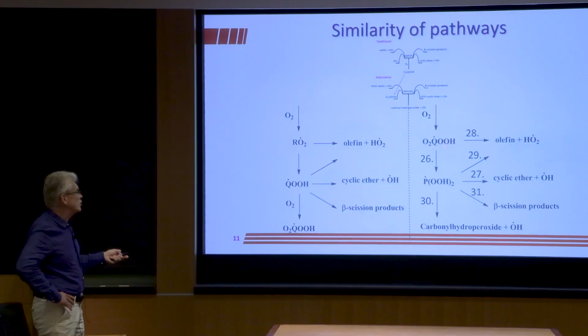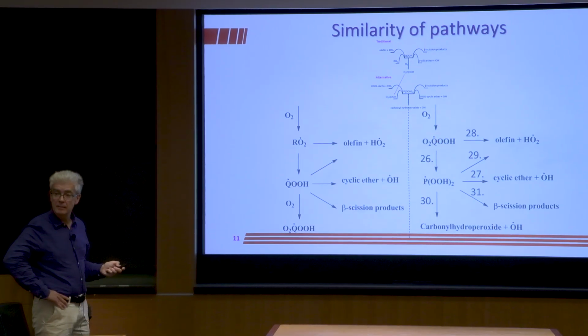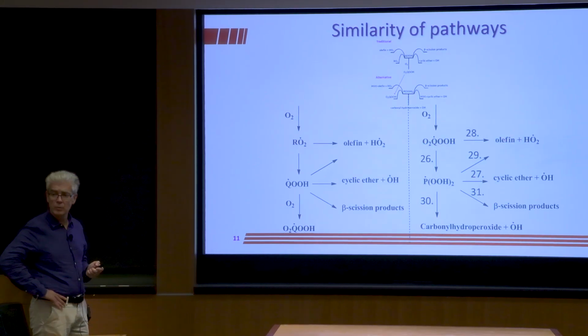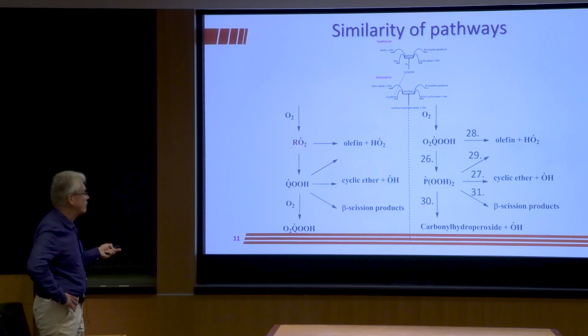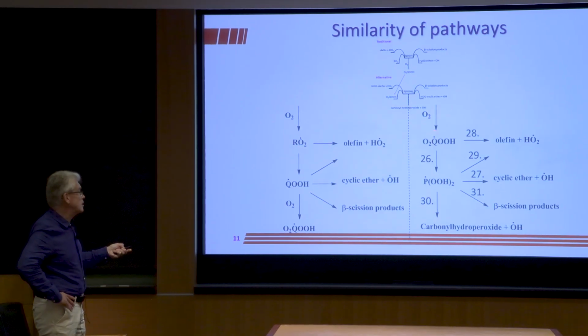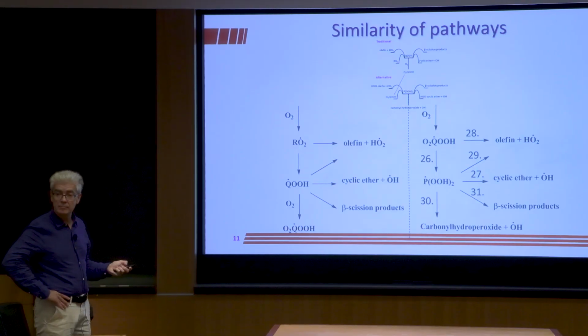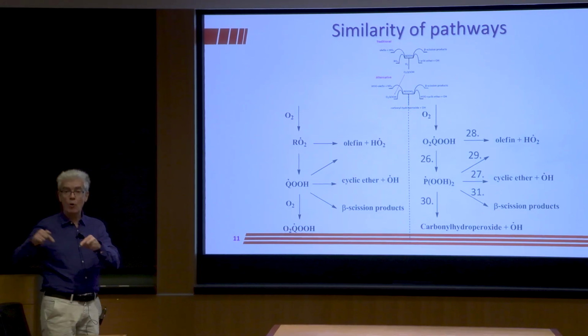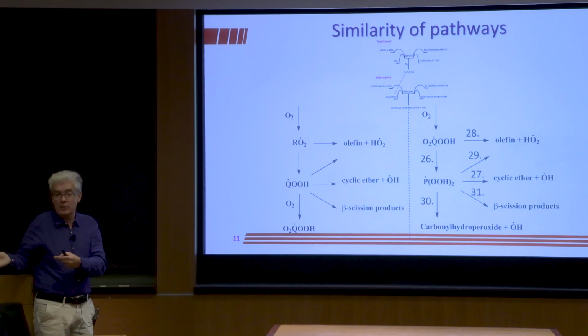But why shouldn't we include this? It's like an alkyl radical. And so we should include this O2QOH species going directly to olefin plus HO2 as a reaction class to mimic that of RO2, because it's essentially like an alkyl peroxy radical. Okay? It just happens to have an OOH on it. That's the only difference.